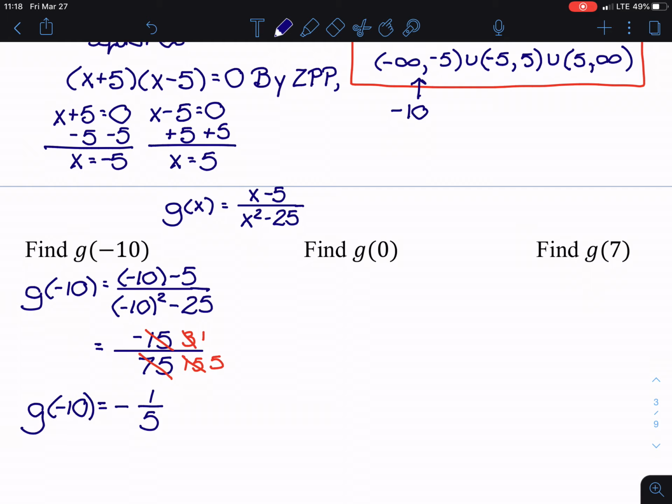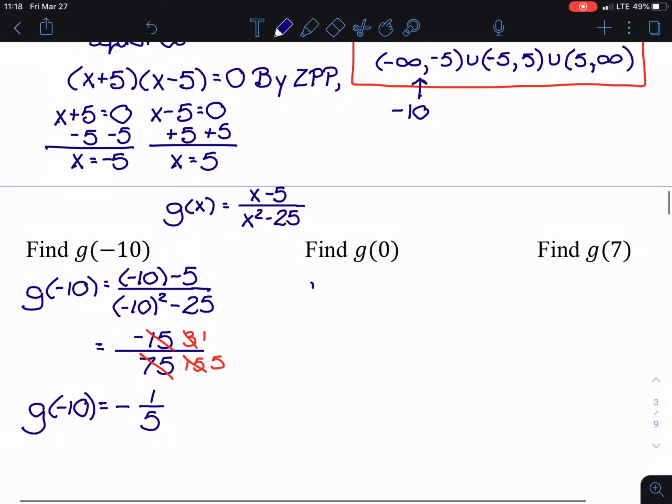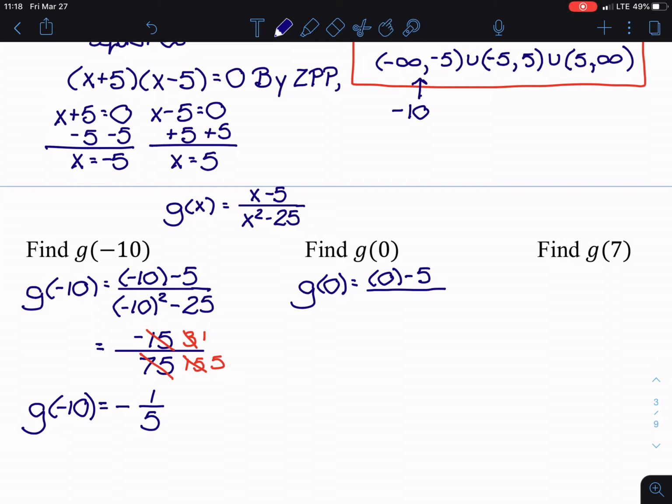Now I'm going to go to my next example, finding g of 0. So wherever I see x, I'm going to replace it with 0. So I have 0 minus 5 over 0 squared minus 25. So as I work that out, 0 minus 5 is negative 5. Well, 0 squared is just 0.